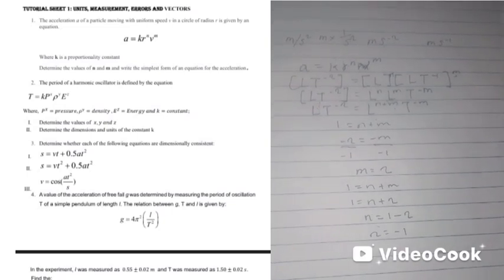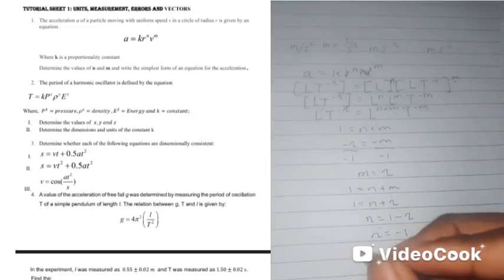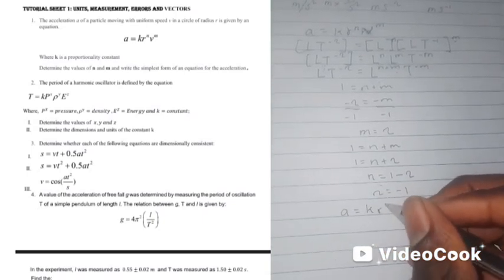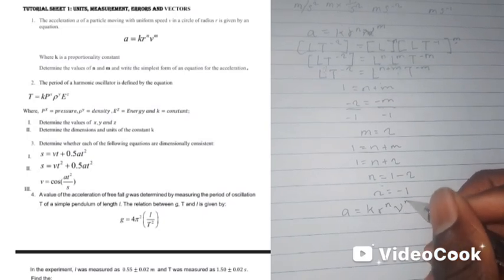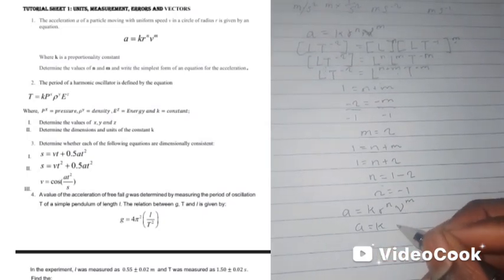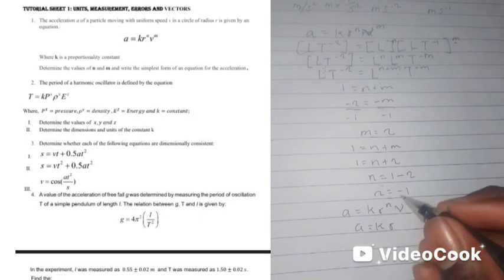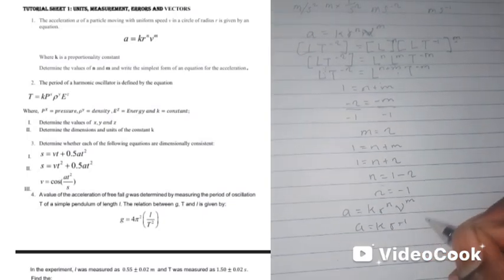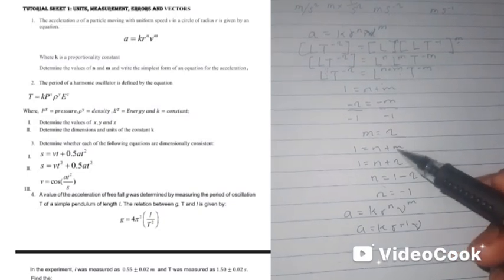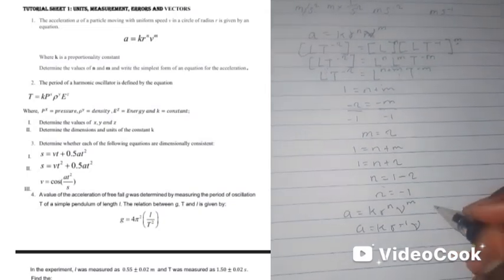Now we need to express the equation in its simplest possible form. Remember, it was a is equal to that constant k, r raised to the power of n and v raised to the power of m. Therefore, a is equal to k, r raised to the power of negative 1, v raised to the power of 2, since m was equal to 2.